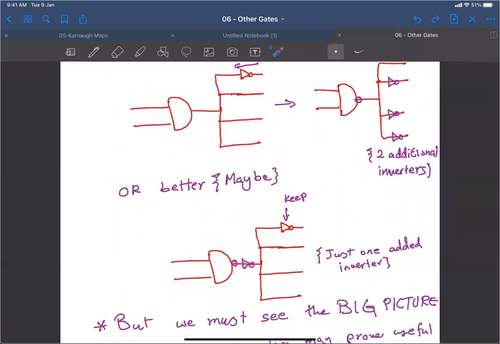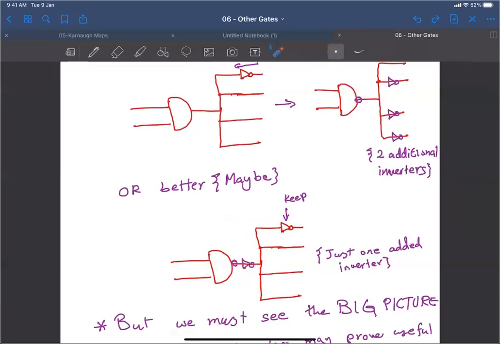So how many inverters do we use for this option? Just 2, or 1 more inverter than the original one. So here we have 3, and here we have 2. So this option here is clearly a better option.